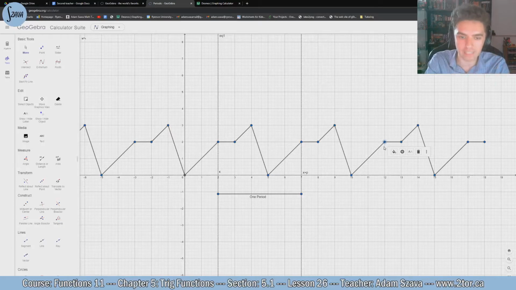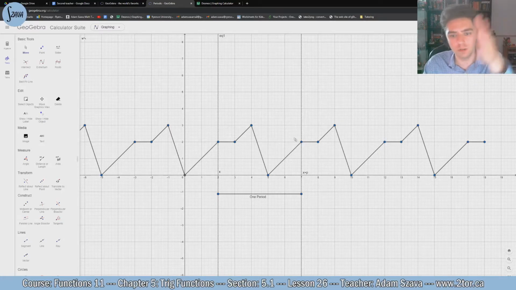The point of the period is that you exactly end up at the same y value that you had before, the same output value from the function. So I can move over a period, I can move over another period. In fact, I can go backwards a period too. I can go here, go back a period, I'd end up there, and that's the same point. It's not exactly numerically the same point, but it represents the same point in the cycle.